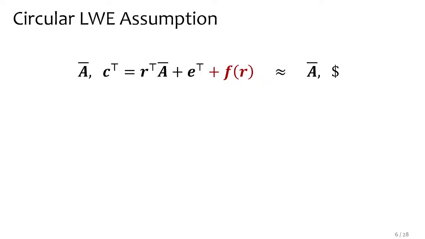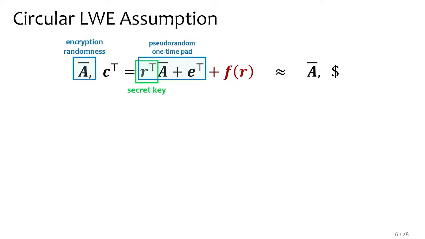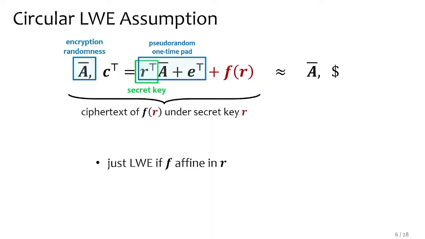So it's called circular LWE because you can regard R as a secret key of an encryption scheme, and A bar as an encryption randomness. So the LWE sample serves as a pseudorandom one-time pad by the LWE assumption. But now you're encrypting a ciphertext of a function of the secret key under the same secret key. Therefore, it's circular. And for certain kinds of functions, namely affine functions, this assumption is just the same as LWE.